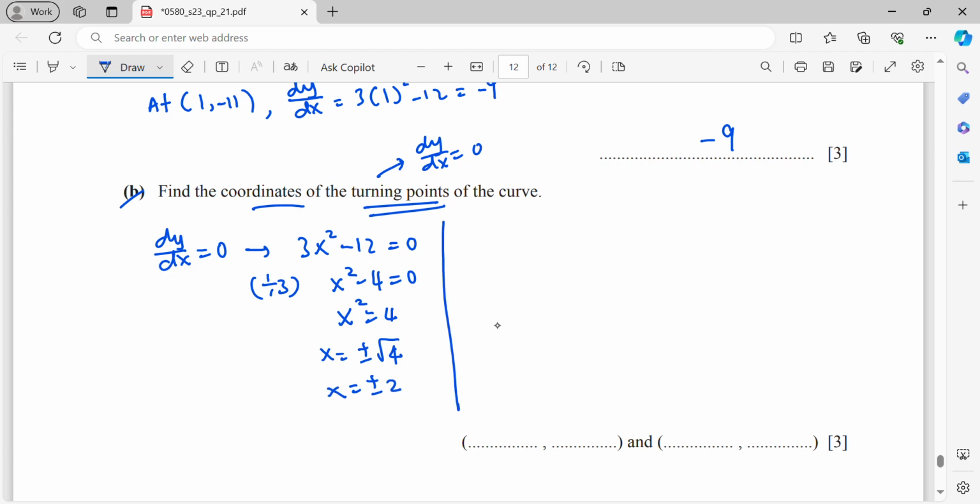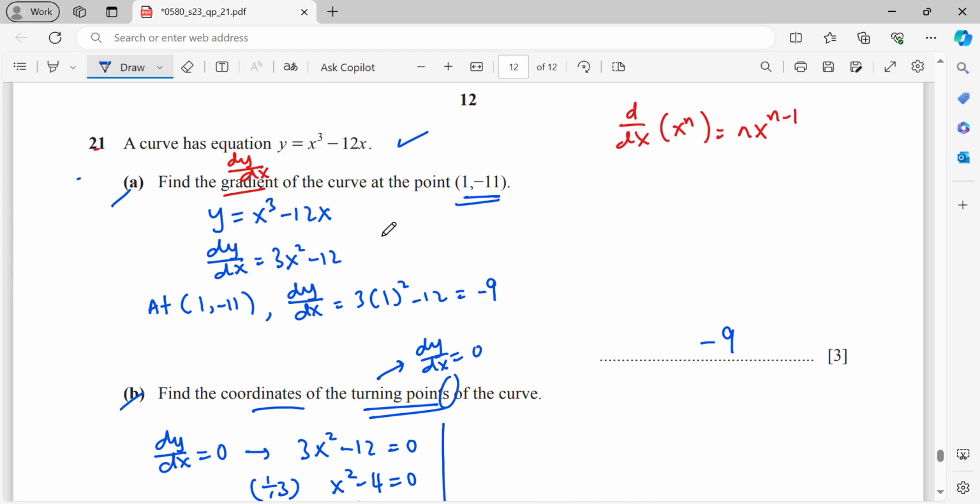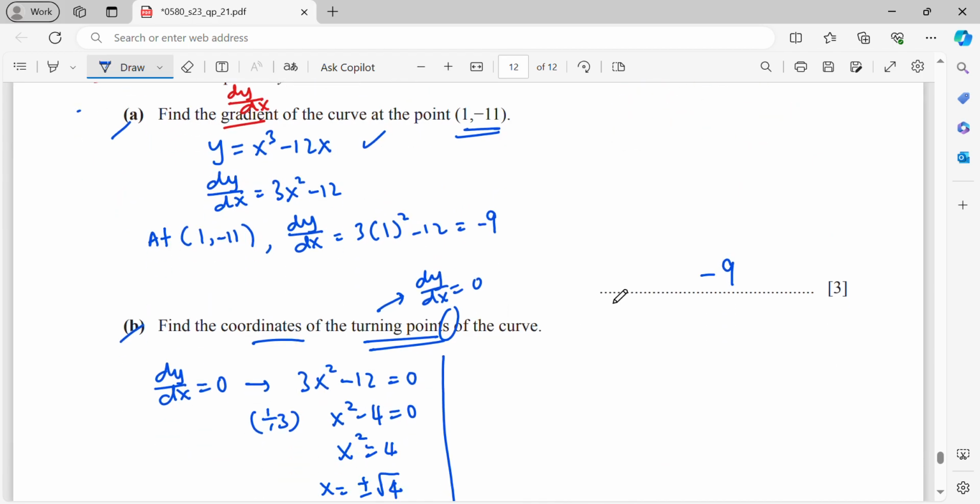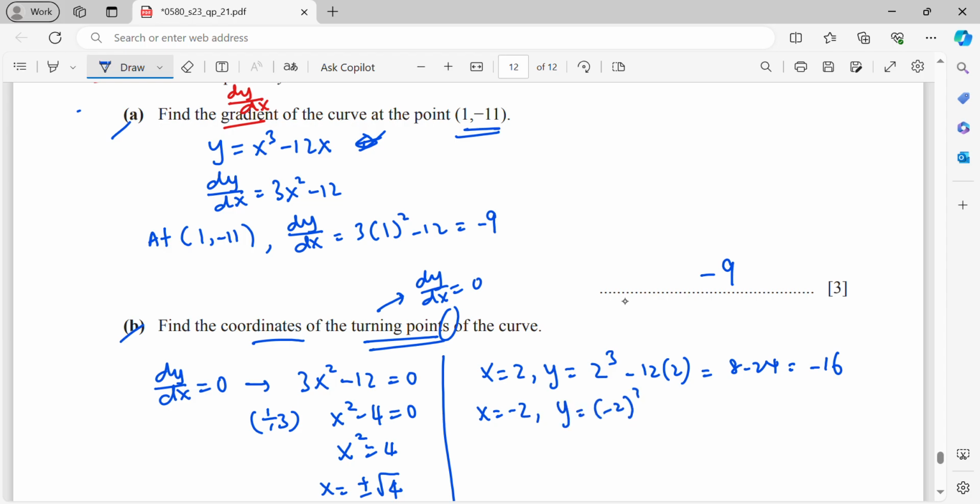So now, to get the points, look at here, points means x and y. Therefore, now I have to calculate the y coordinate. So I will write when x equals 2, my y is 2 cubed minus 12 times 2 because of this formula. Then that is going to be 8 minus 24, then you get minus 16. Then when x equals negative 2, your y is negative 2 cubed minus 12 times negative 2.